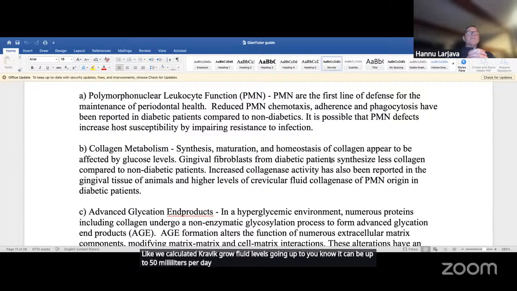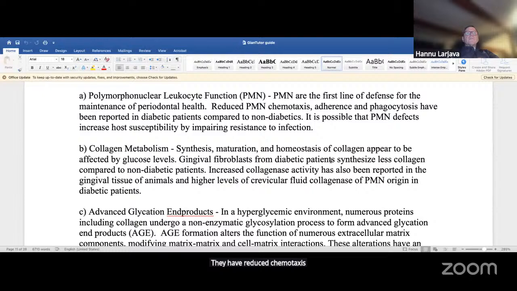So it's a big volume, because usually it's only fractions of a milliliter.